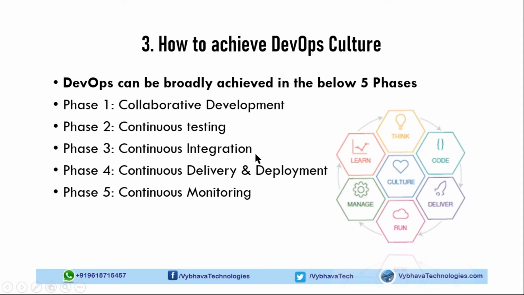Continuous delivery: once the integration tests are successful, go for delivery to the live environment, or deployment to the production environment. Once it is production ready, then you are going to monitor, operate, and start and stop your services on your cloud infrastructures. So these are the important 5 phases which you are going to see in DevOps culture.